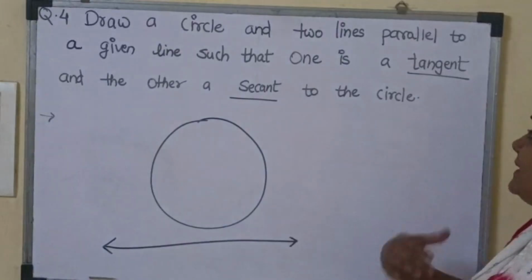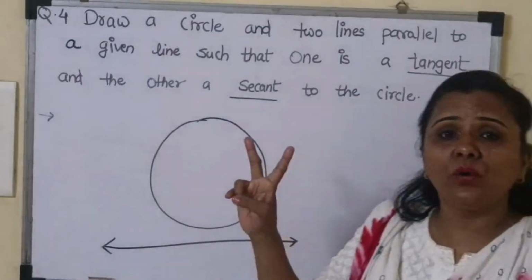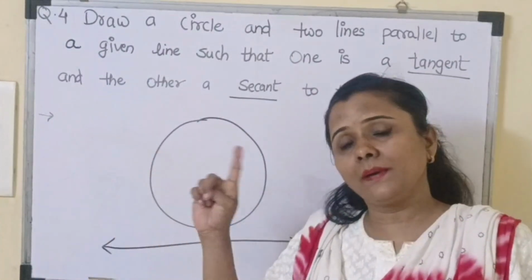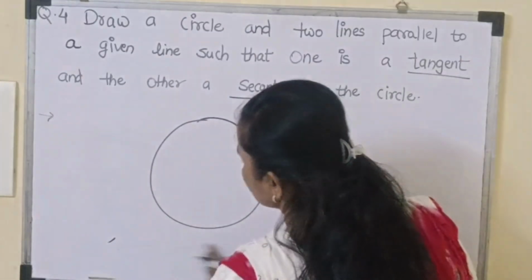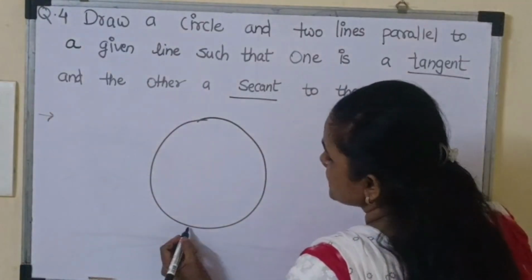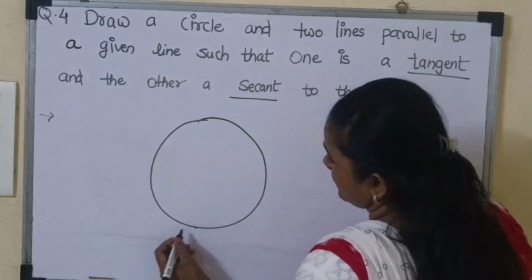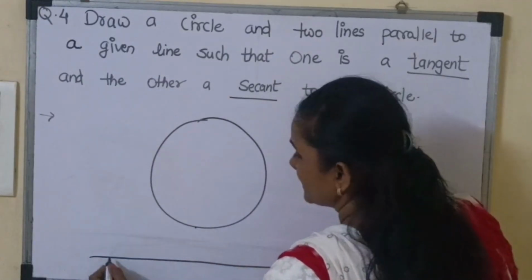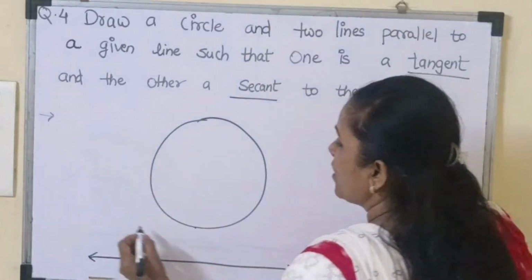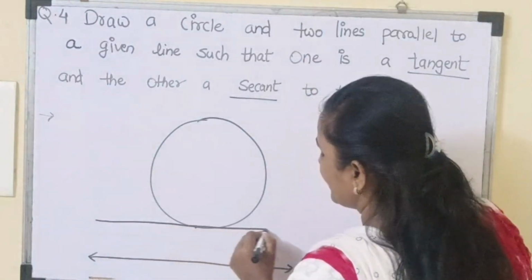Now after that, draw 2 more lines, of which one will be a tangent and the other a secant. So if I draw like this, this is my circle, and I am drawing a parallel line like this and 2 more lines, one is a tangent, so I am drawing like this.